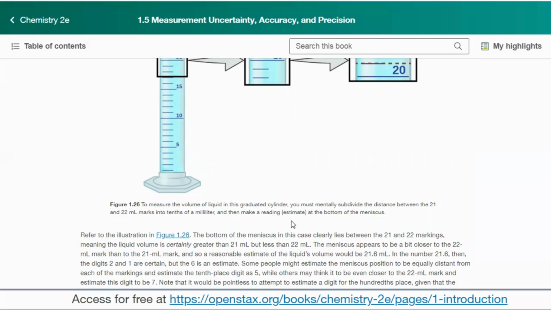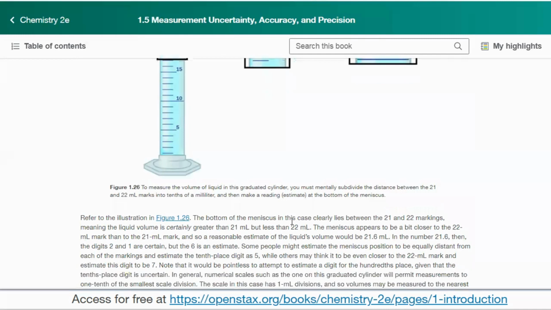Some people might estimate the meniscus position to be equally distant from each of the markings and estimate the tenth place digit as 5, while others may think it to be even closer to the 22 milliliter mark and estimate this digit to be 7. Note that it would be pointless to attempt to estimate a digit for the hundredth place, which I just did. Apologies to the reader.